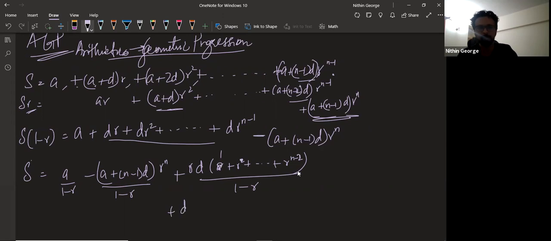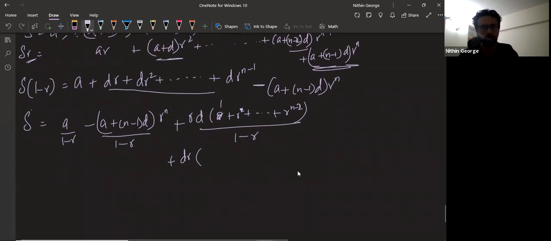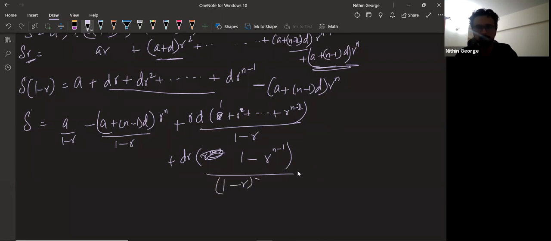So this becomes r into d into 1 minus r power n minus 1, because this sum is a GP where the first term is 1, so a is 1. The sum becomes 1 minus this thing by 1 minus r into 1 minus r, which becomes 1 minus r square. So this, along with this third term, is the sum of an arithmetico-geometric progression.